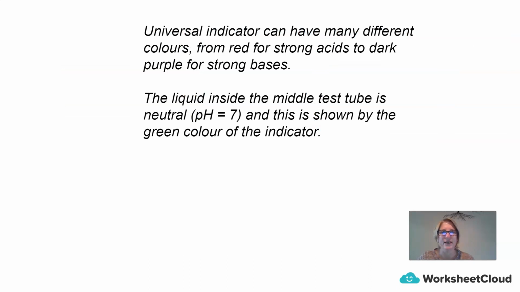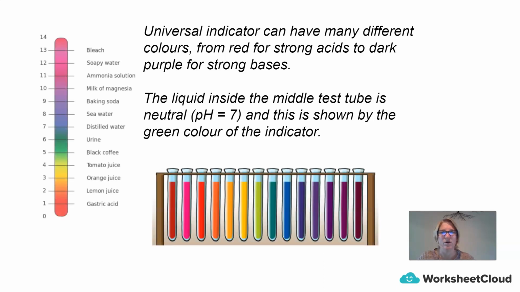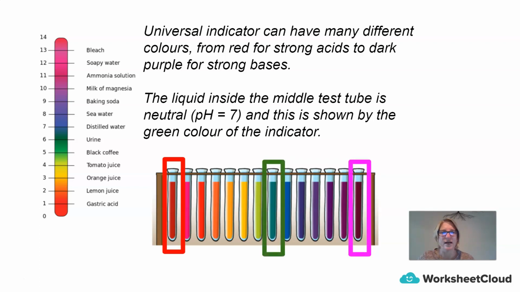So universal indicators can have many different colors, from red for strong acids to dark purple for strong bases. The liquid inside the middle test tube is neutral pH 7, and this is shown by the green color of the indicator.